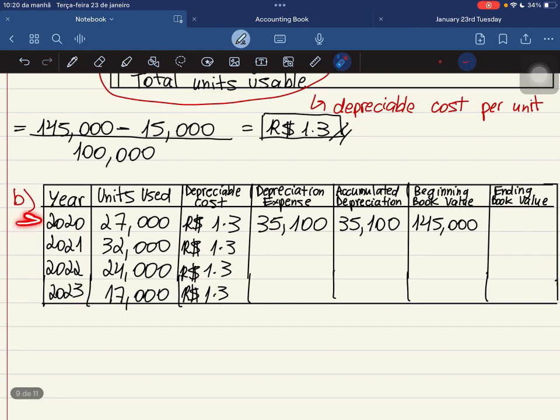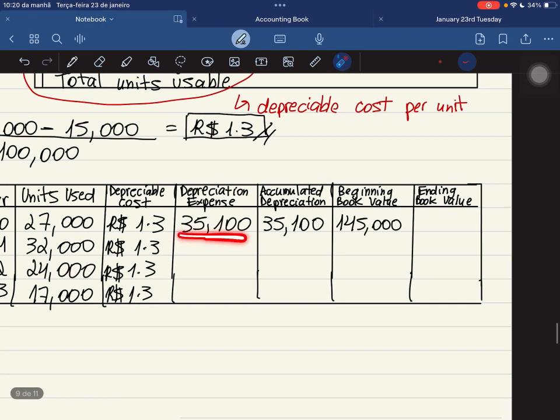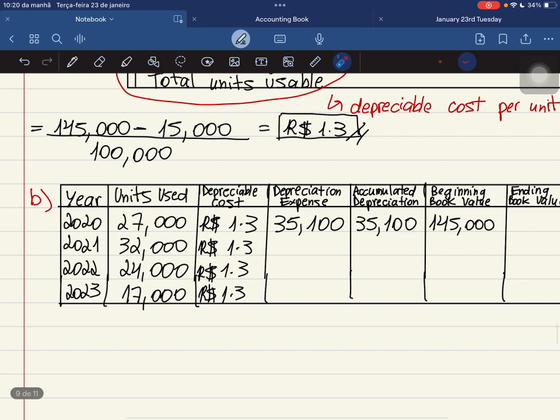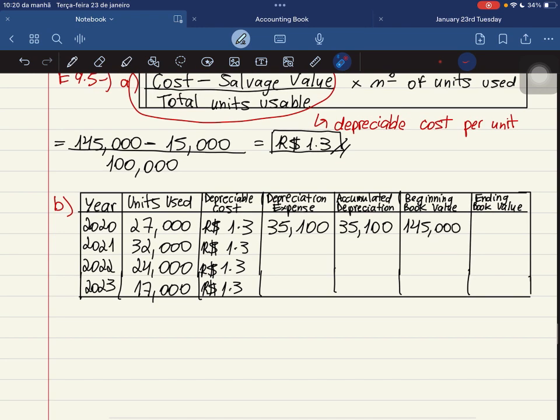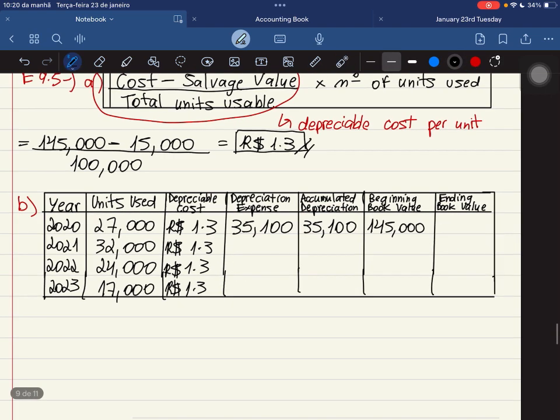Because this one is for the year 2020, so it has to be the beginning book value minus the depreciation of the same year. Like 2021 would be the beginning book value minus the depreciation of the year 2021. Actually, for this one, it's just minus this one, right? But as you move on, you would be depreciating according to the year that you are in. And this is why it would be wrong if you subtract the accumulated depreciation. For this one, it's just the same, so you wouldn't have any problem. But moving on, you're going to see that the numbers are different.